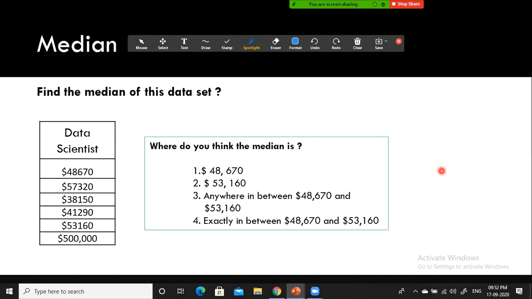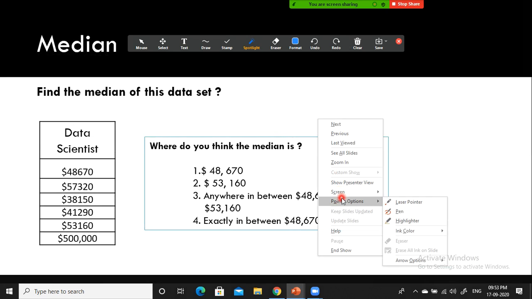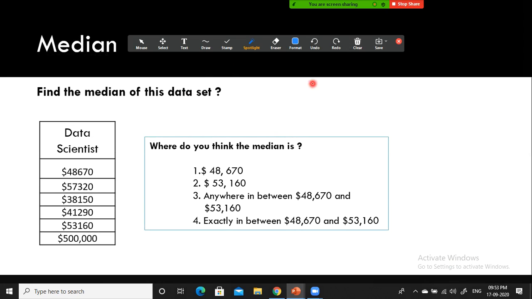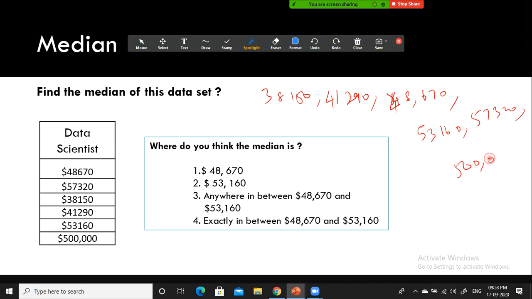Yeah, in this case, if you look at this, 38,150, and then the next one is 41,290, and the next one is 48,670, the next highest value is 53,160, and the next one is 57,320, and 500,000.